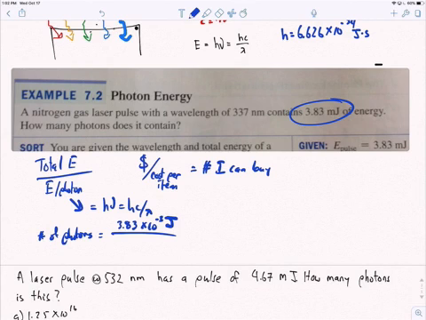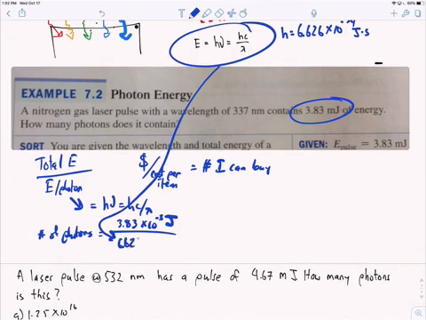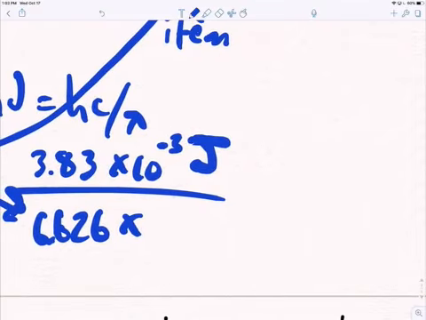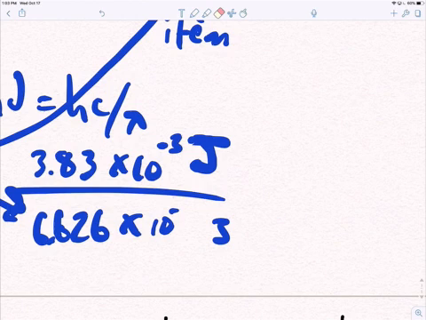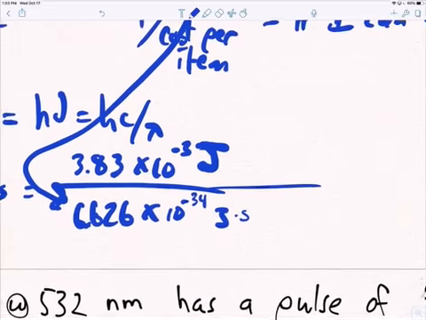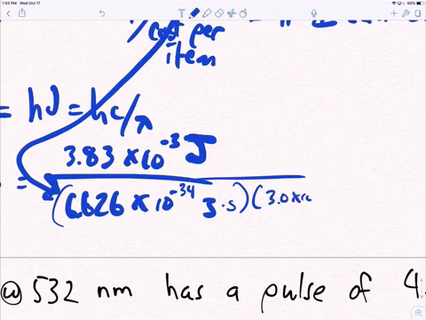So we're going to use hc over lambda. h is 6.626 times 10 to the minus 34 joule seconds. c is 3.0 times 10 to the 8 meters per second.